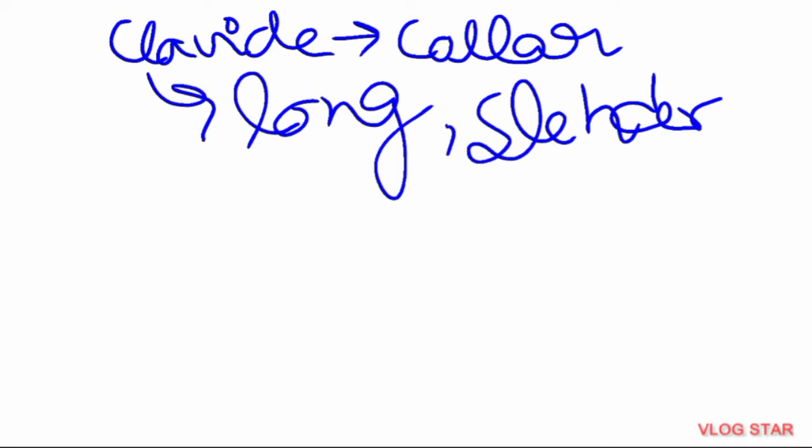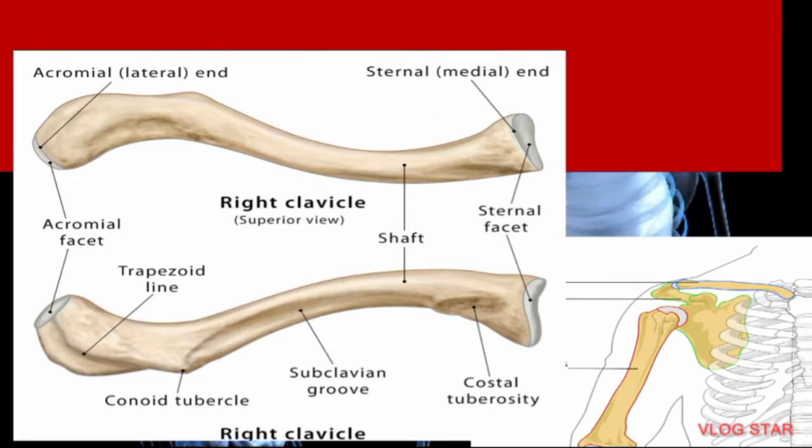So let's know some peculiar features of the clavicle. It's the first bone to ossify in the body. First of all, let's see this. Here we can see the right clavicle, the superior view, and this is the sternal notch, attached to the sternum here.